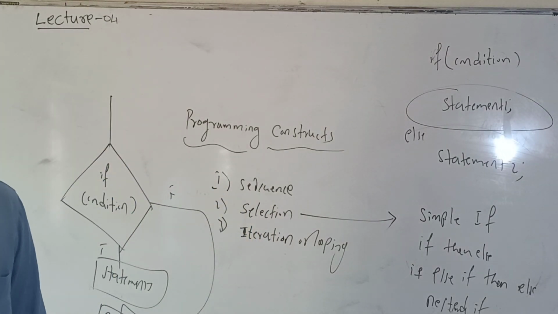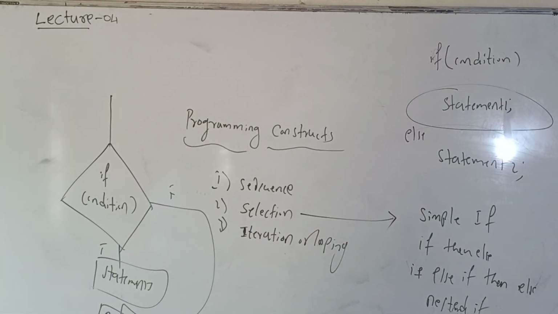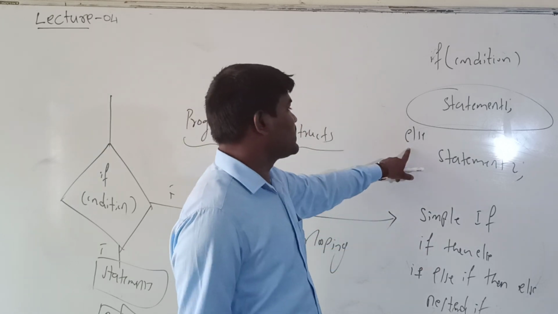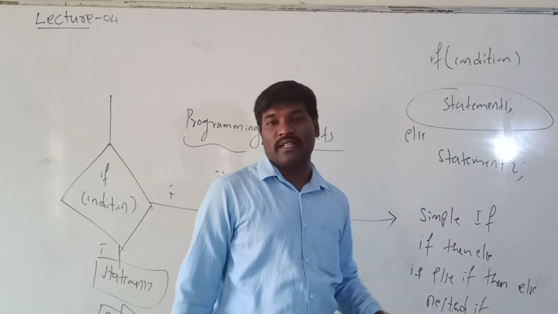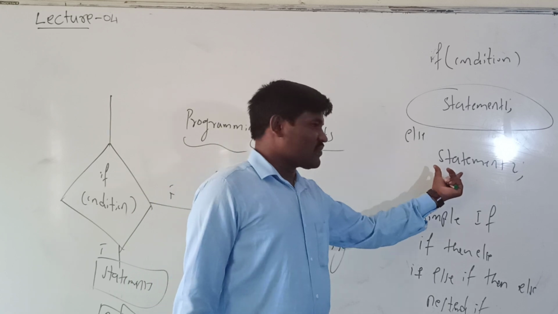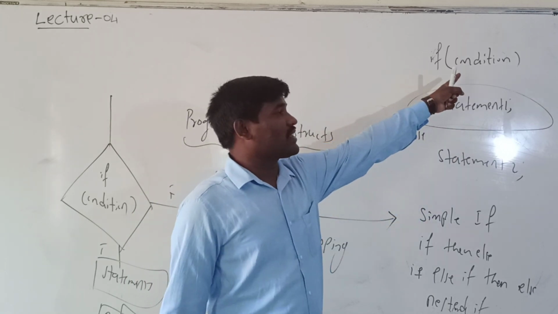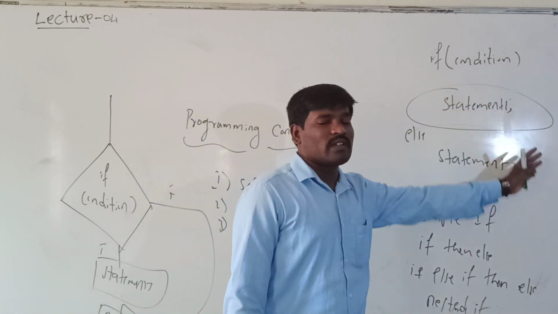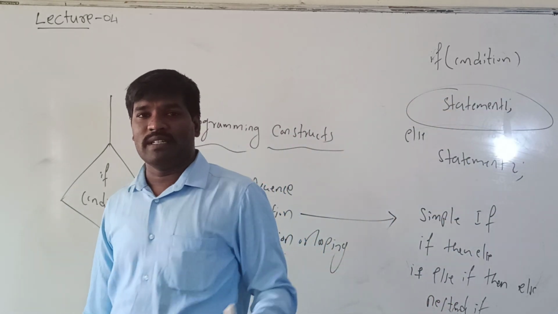First it will check the condition. If it is true, it will execute statement 1. Otherwise statement 2 will be executed. Here else indicates the false block statement. This block will execute only when the condition becomes false. In this case, either statement 1 or statement 2 will be executed.